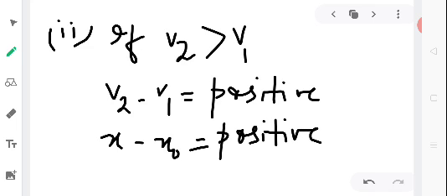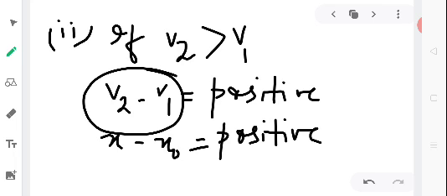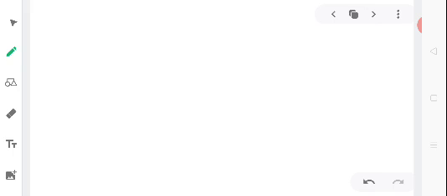It means the relative separation between the two objects will increase by an amount V2 minus V1 after each unit of time. Therefore, their position time graphs will open out gradually. So how will the position time graph look like?